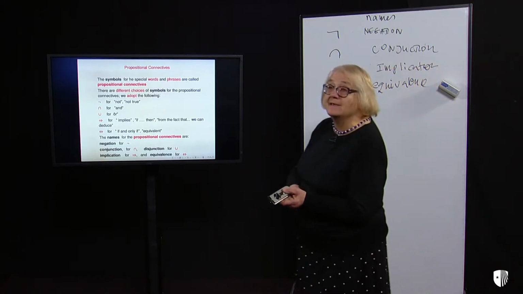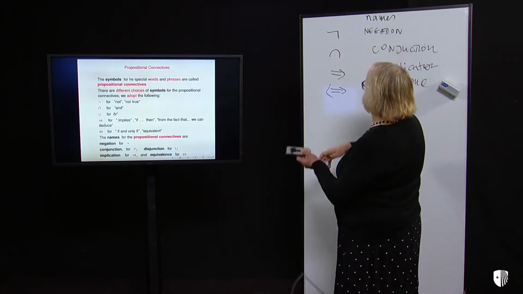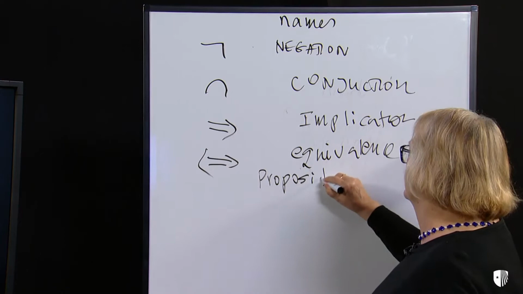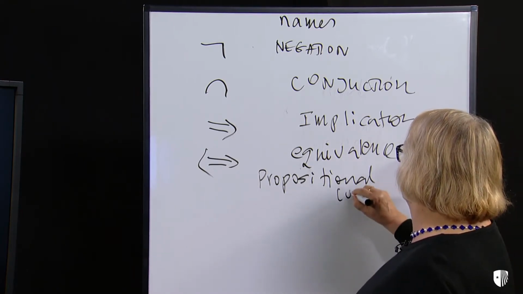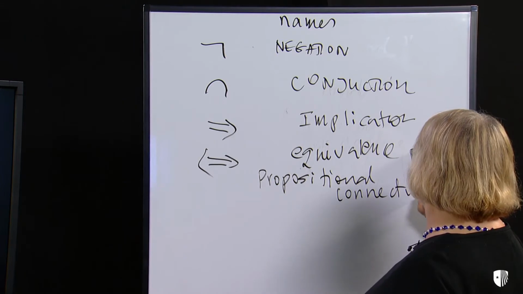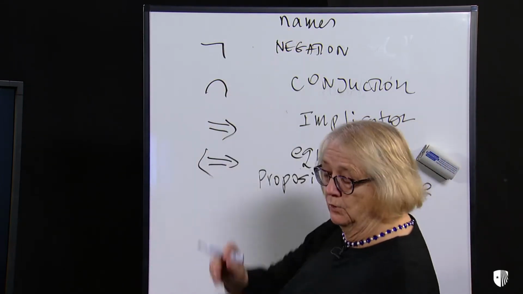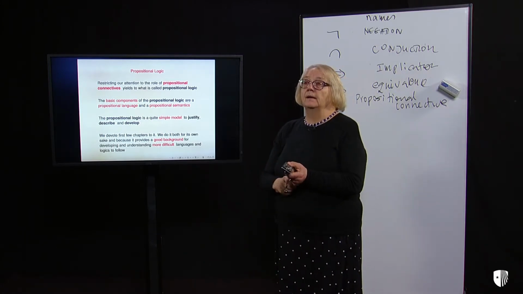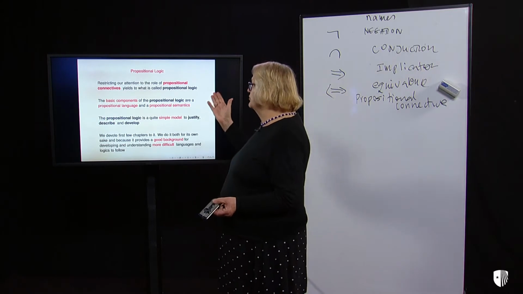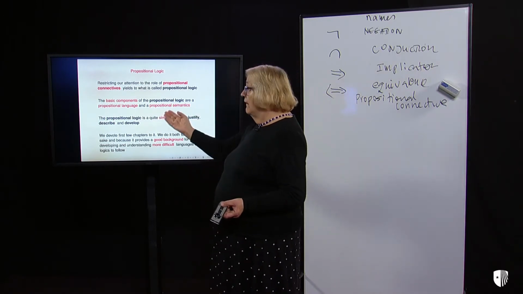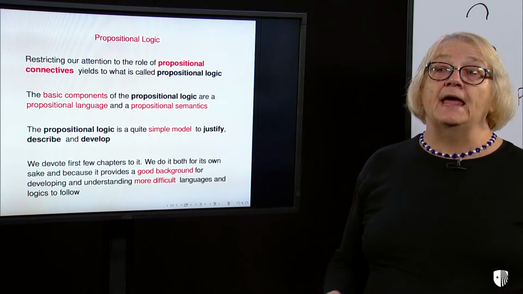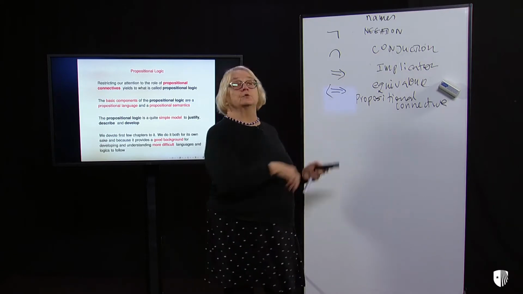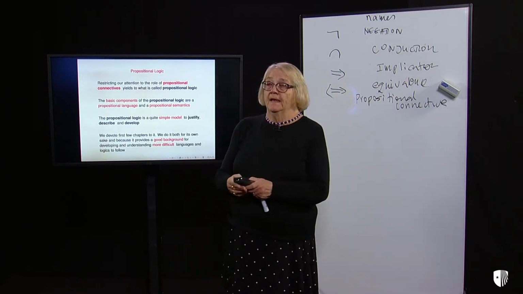So these are the names, and those symbols are called propositional connectives. So the basic components of propositional logic are propositional language and propositional semantics. Those connectives and the way we read the symbols we use form the language.